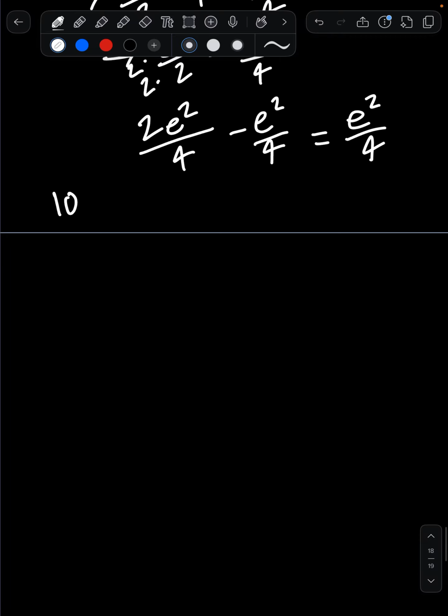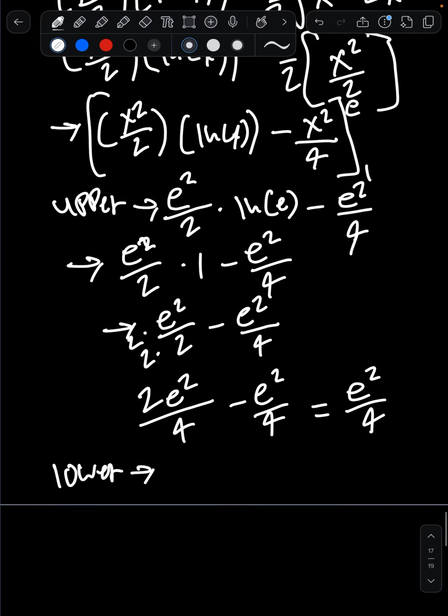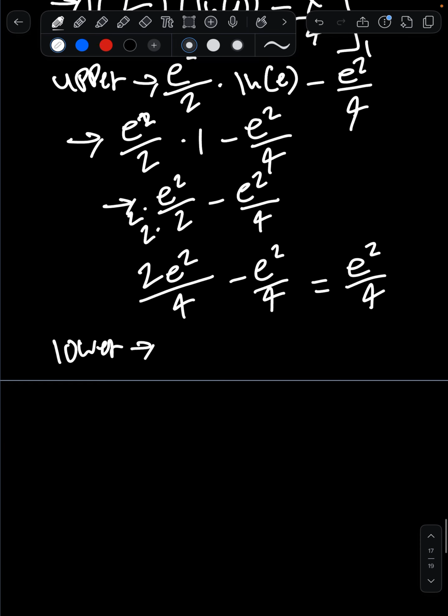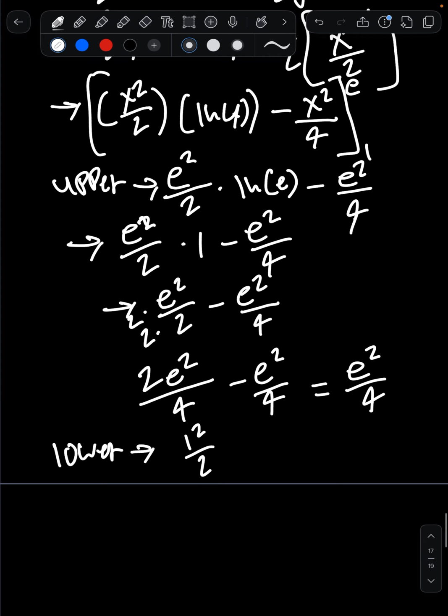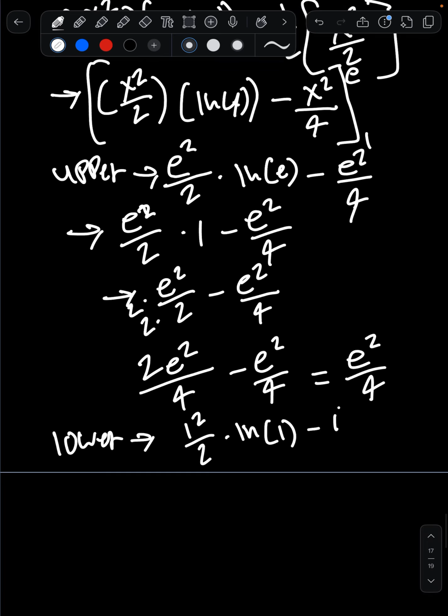Now we can evaluate the lower. So let's do that. Let's substitute 1 in as x. So 1 squared divided by 2 times the natural log of 1, minus 1 squared divided by 4.